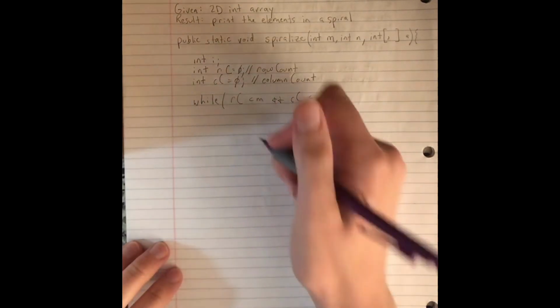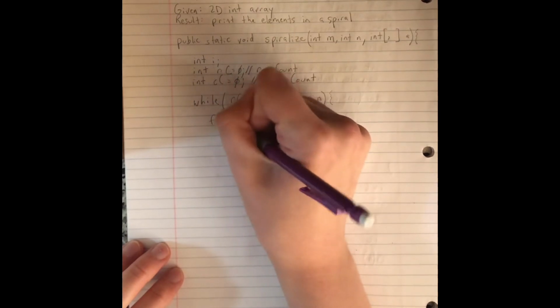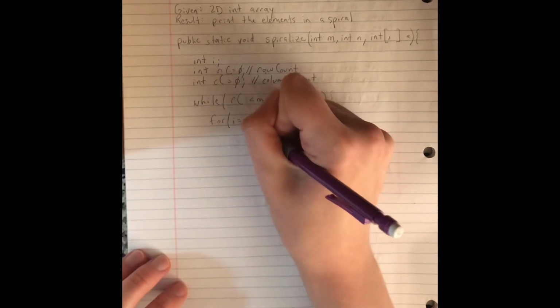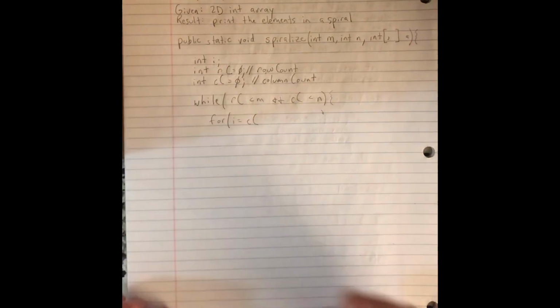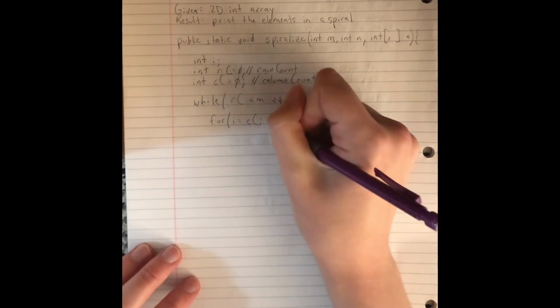So we'll start our for loop for going right. We'll start I at column count because we're going to begin printing in the first column, or the 0th column.